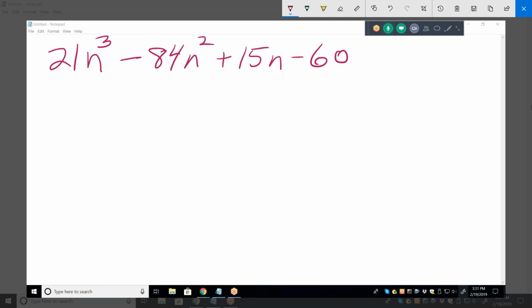Okay. So, if we're going to group this, does this qualify? What has to be true? They have to have the same ratios. So, 21 over negative 84, is that the same as 15 over negative 60?